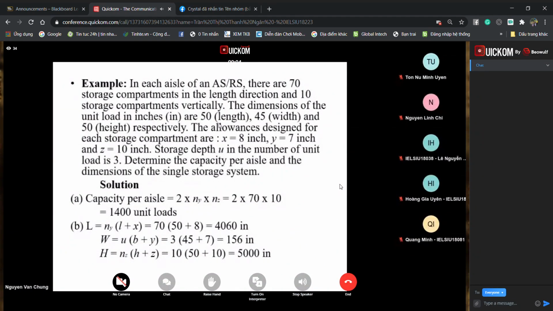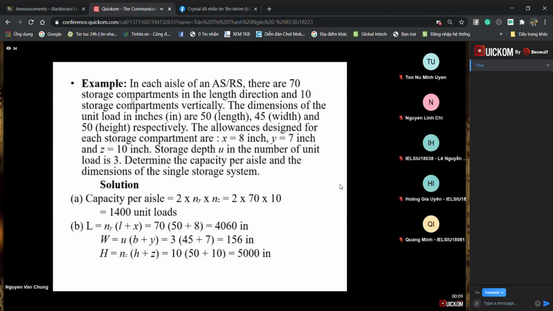N Y, because it is the storage compartments in the length direction, and you have the 10 storage compartments vertically, like that. N Z, and for Z you have a two.